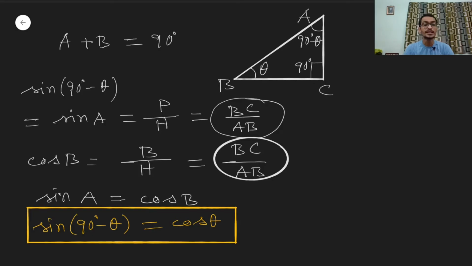Actually 90 degree minus theta is the complementary angle of theta, or similarly theta is the complementary angle of 90 degree minus theta. So here we got sine 90 degree minus theta equals cos theta, and earlier we got cos 90 degree minus theta equals sin theta.